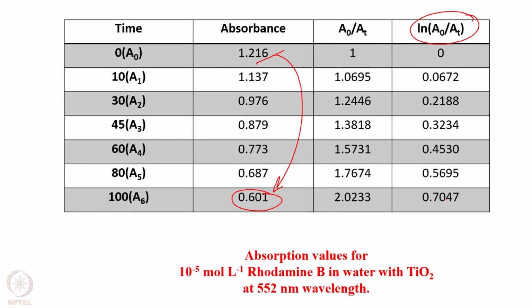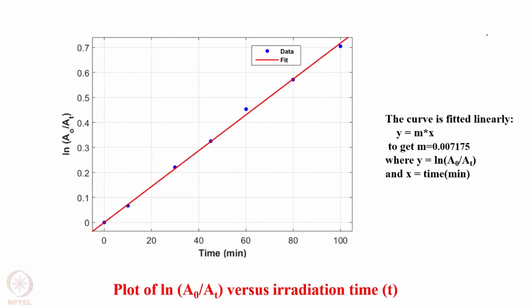After we have obtained the absorbance at different time intervals, we calculate A0/AT and then ln A0/AT, and plot these values versus time. This is the plot that we obtain, and these data points are fitted to an equation given by y equal to mx, and the slope calculated after fitting the data gives the value of the rate constant.